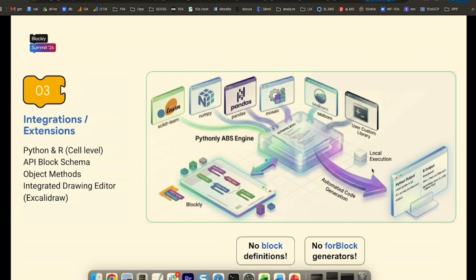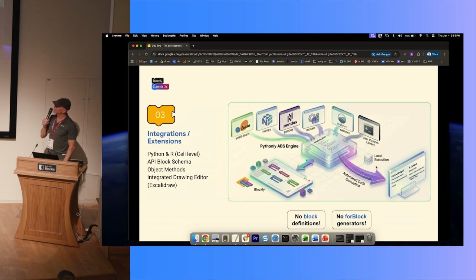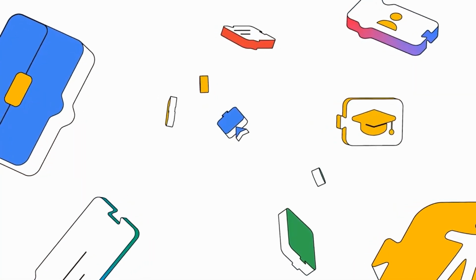And when writing all these APIs, there was no single block definition and no single block generator. So all this magic happens using this level, which is actually an API JSON definition. That makes the whole thing of supporting APIs, supporting languages quite a way simpler. And that's about it. Thank you.